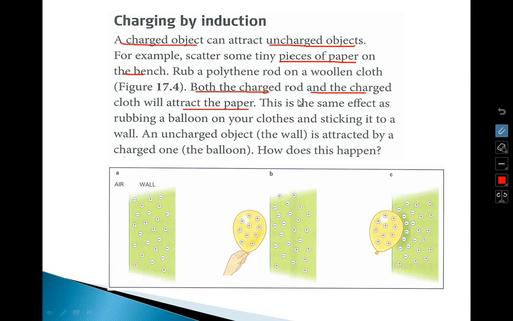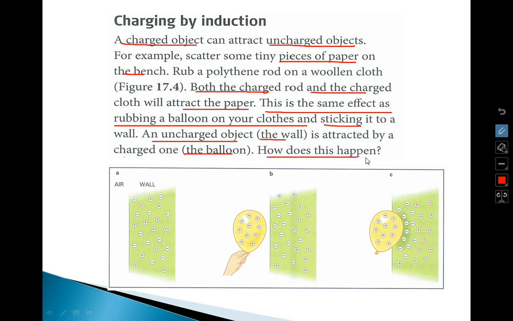So both the charged rod and the charged cloth will attract the papers. Actually, this is the same effect as rubbing a balloon on your clothes and sticking it to a wall. What happens here? An uncharged object, for example here, this is the wall, is attracted by a charged one, which is the balloon here.